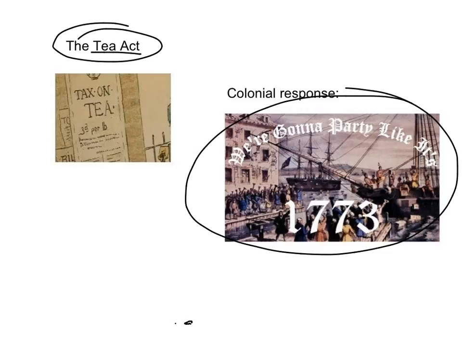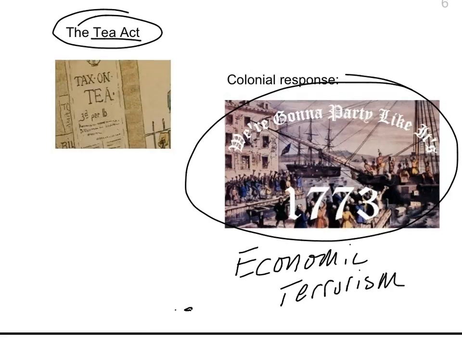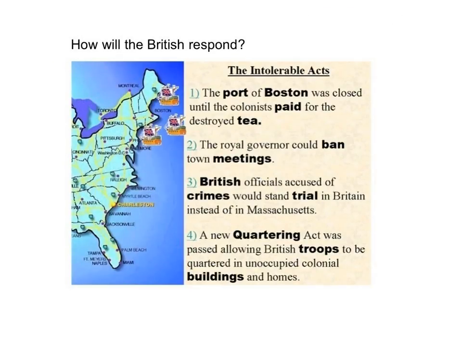They were cheered on, but the British considered this an act of, I think the language we would use now is economic terrorism. They just considered it treason or certainly a high crime. And at this point, tensions are getting pretty serious. The British respond with something known as the Intolerable Acts.